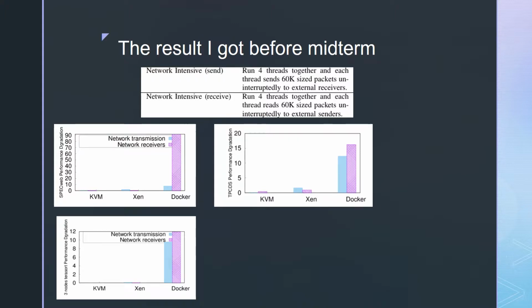But as we can see, only Docker has that kind of bad isolation result. KVM and Xen have very low degradation. Degradation means how much worse it is compared with the baseline. So the higher the degradation, the worse the results are.